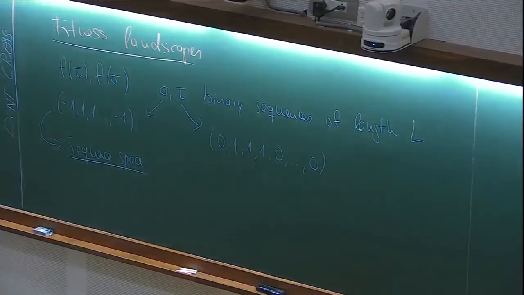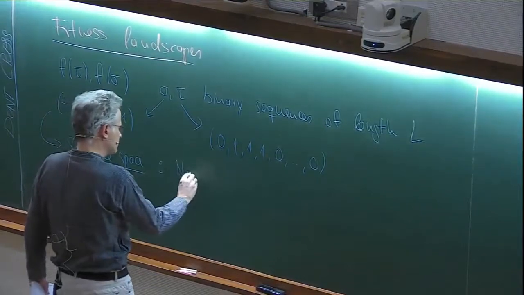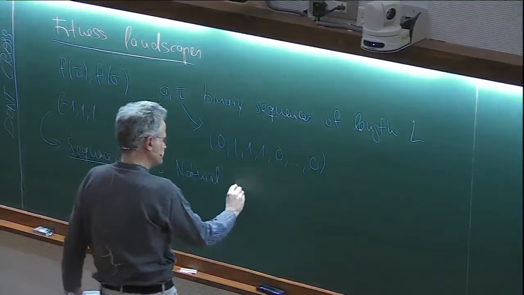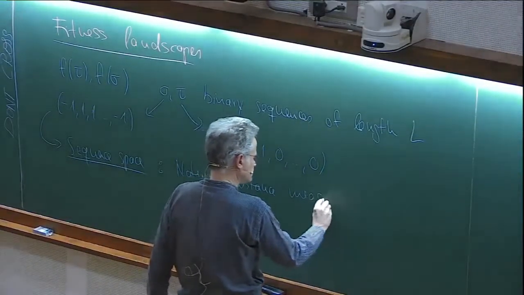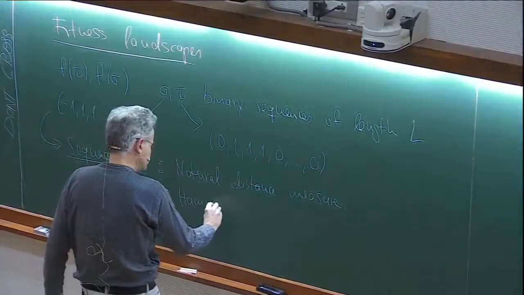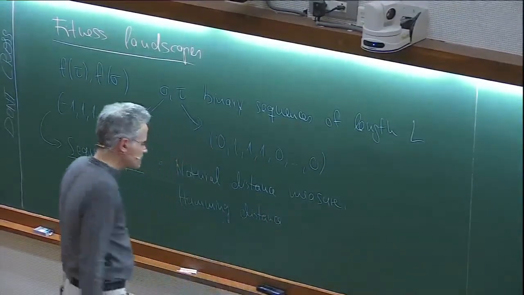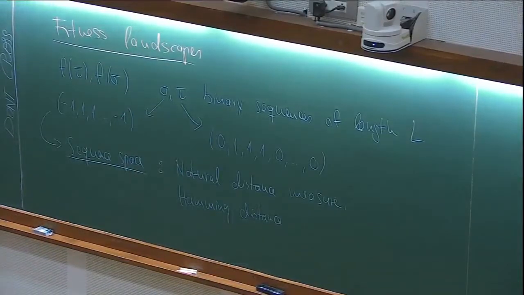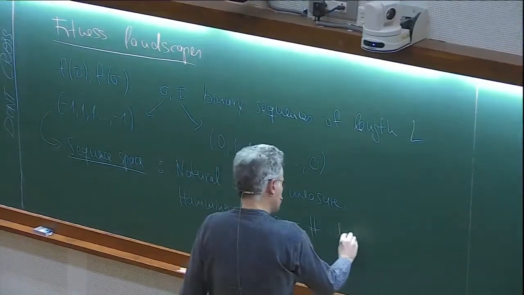Now, for something to be a space, you need a notion of distance, okay? And here there is a natural distance measure, which is called the Hamming distance. This, I think, is familiar to anyone who has ever done a sequence alignment. So the Hamming distance is just the number of entries at which the two sequences differ.